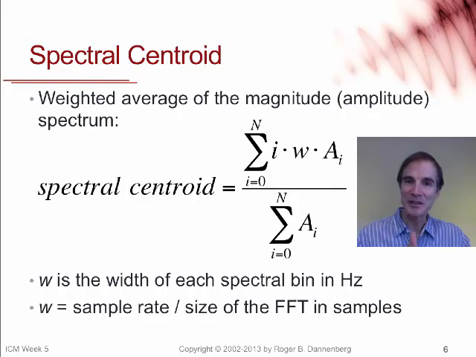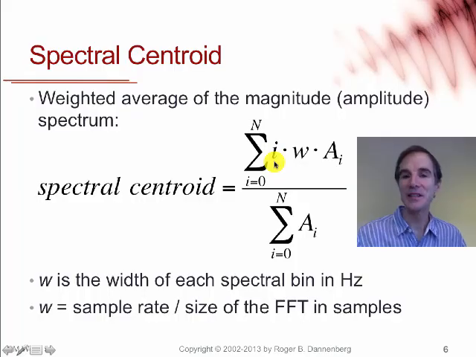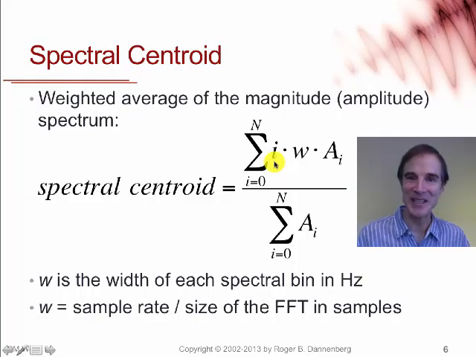So finally, we get to the spectral centroid, and we can talk about what it is and what it means. The spectral centroid is just a weighted average where the weights are the frequencies of the bins. So here, I switched to index I, I guess because I'm a computer scientist. We can use I for index.